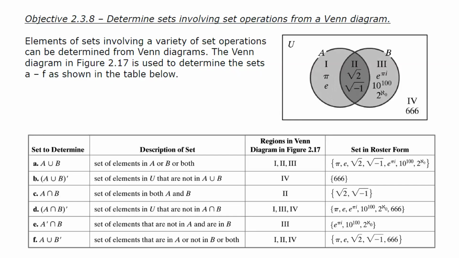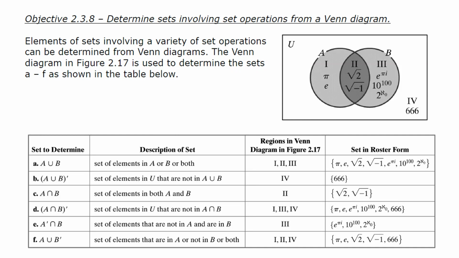Then for E, the complement of A intersect the set B. This means I'm going to locate the elements that are not in A and are in B. So I am going to eliminate not just the elements that are just in A, but also the elements that are in A and B. I am going to eliminate both.